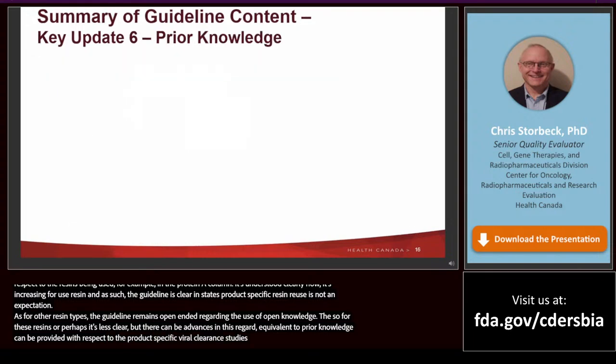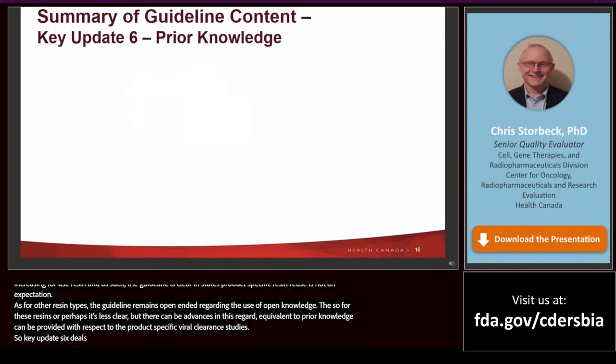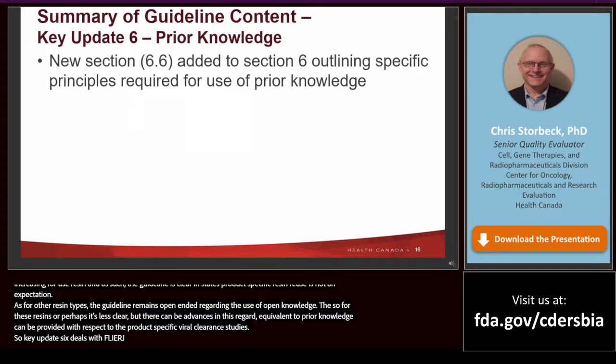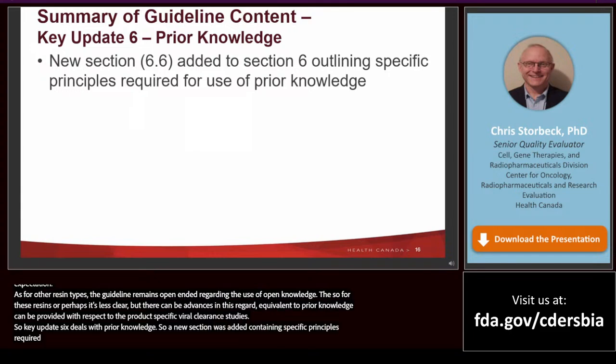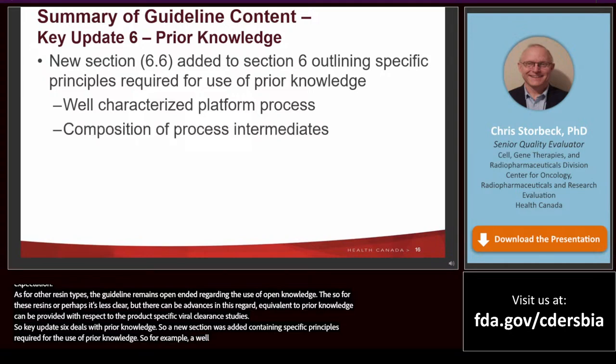So key update 6 deals with prior knowledge. A new section has been added in section 6 containing specific principles required for the use of prior knowledge. So, for example, a well-characterized platform process must be used, speaking to a large amount of experience with the particular process.